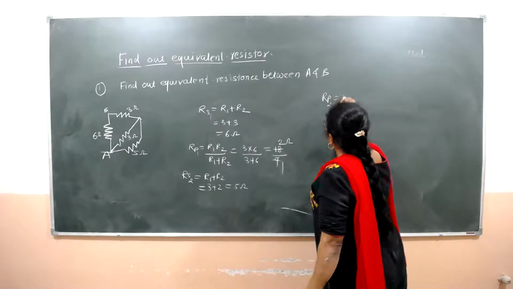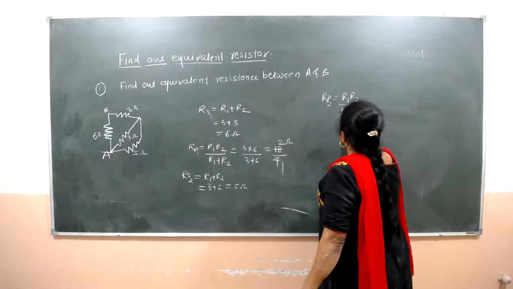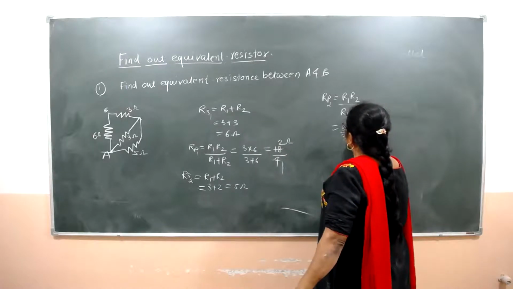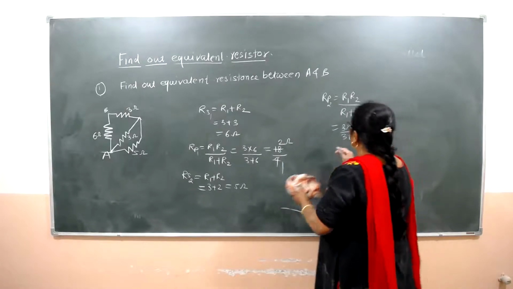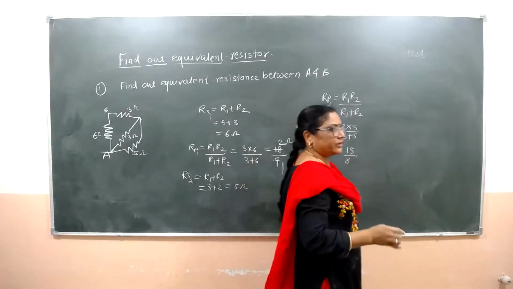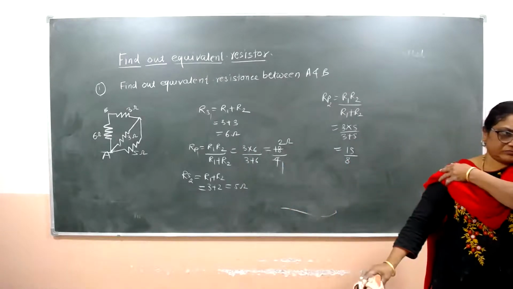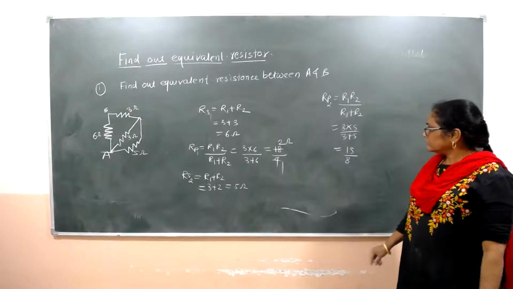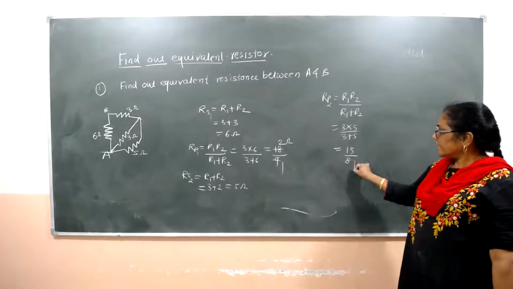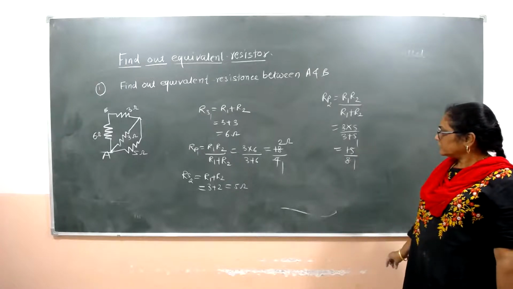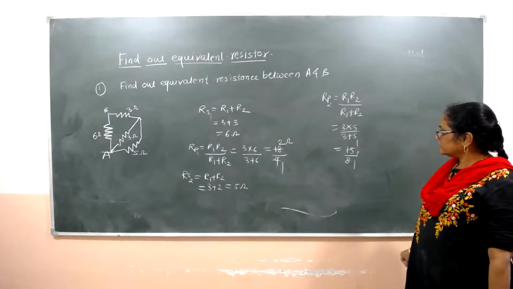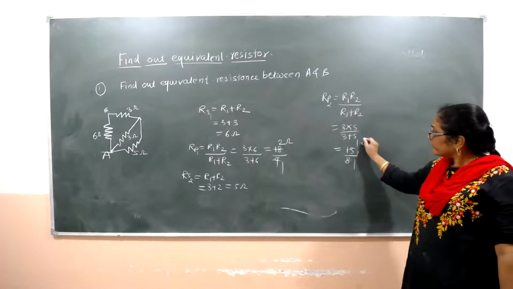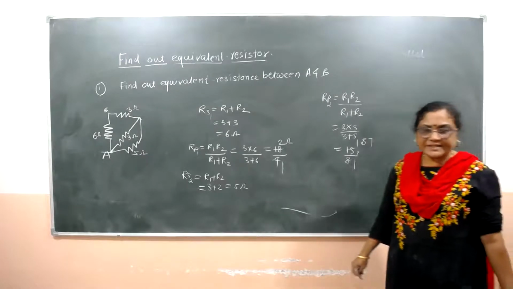Rp2 is equal to R1 R2 divided by R1 plus R2, which is 3 into 5 divided by 3 plus 5. 3 fives are 15, divided by 8, which is 1.87.